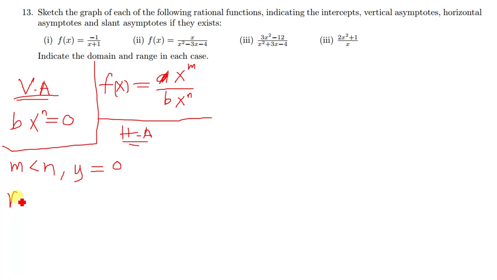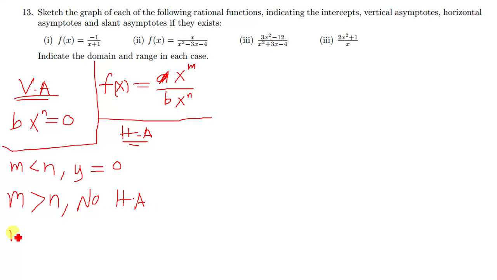But if m is greater than n, then the given rational function has no horizontal asymptote.